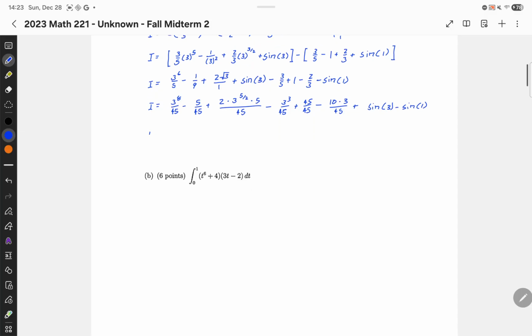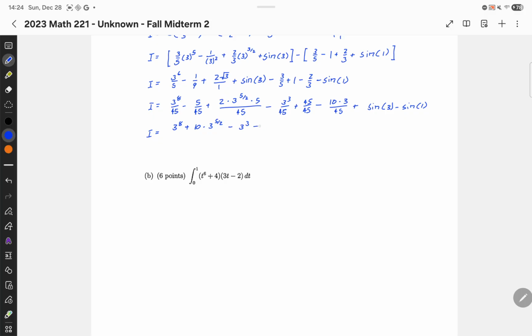Now let's go ahead and combine all of our fractions. We are going to get 3 to the 8th. And I'll keep all of the 3's in a similar area. So this is going to then be, let's add this plus 10 times 3 to the 5 over 2. And then subtract 3 to the 3rd.